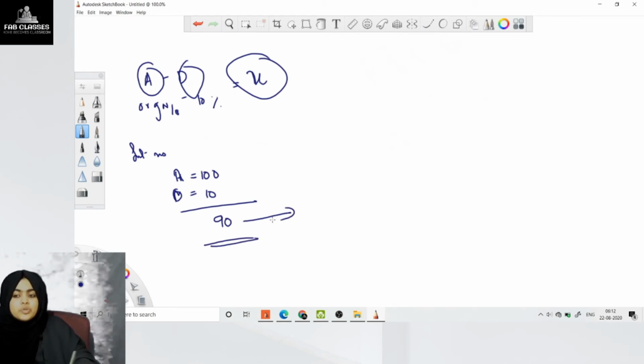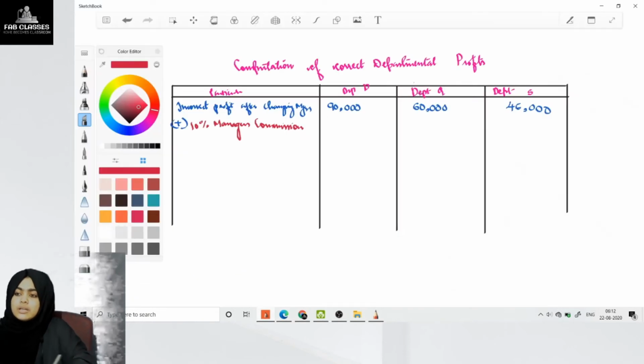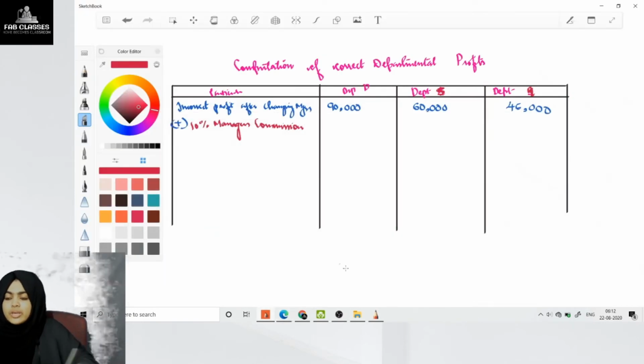This 90 portion is given in the question: 90,000 in case of department P, and this is department S. Okay, here it is department S and here it is department Q. That's the way it is given in the question. I have written it the other way around. Here 60,000, 45,000. Now it's okay.